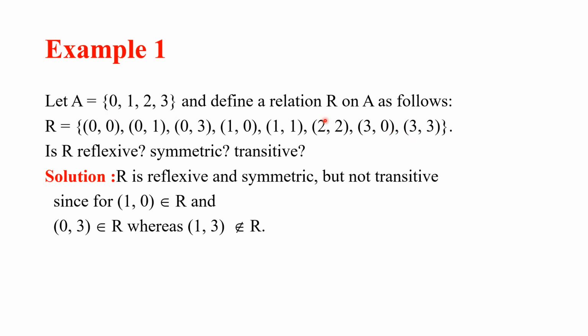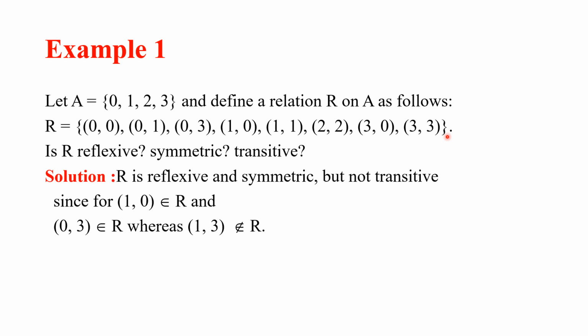So define a relation R on A as follows. How am I defining the relation? 0 is mapped to 0, 1 to 1, 0 to 3, 1 to 0, 1 to 1, 2 to 3, 0 to 3, and 3 to 3. This is how the relation is given. Now we have to check whether this relation is reflexive, symmetric and transitive. So there are three things: reflexive, symmetric and transitive.